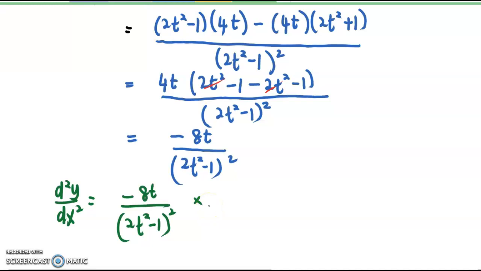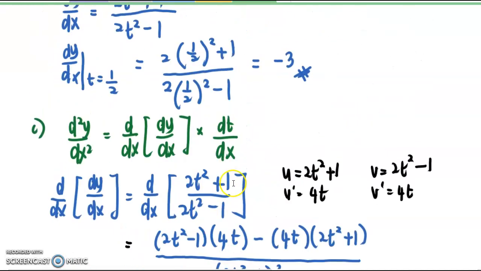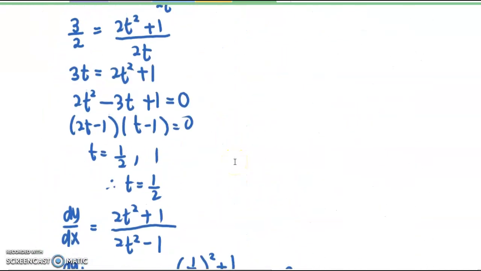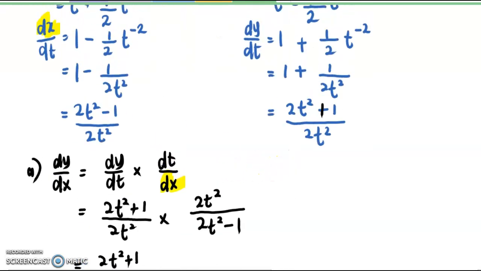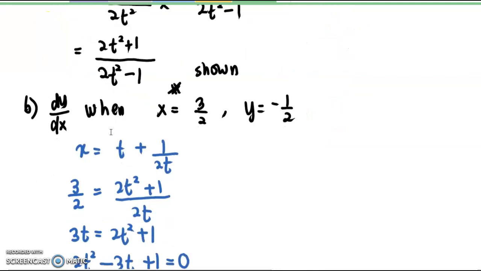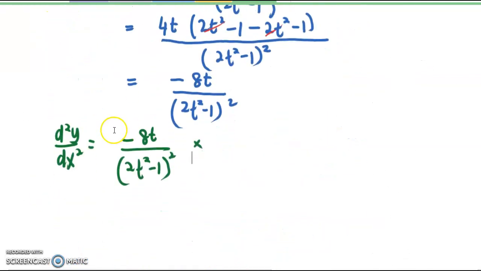And then we are going to multiply dt over dx. dt over dx is this one, 2t square over 2t square minus 1.